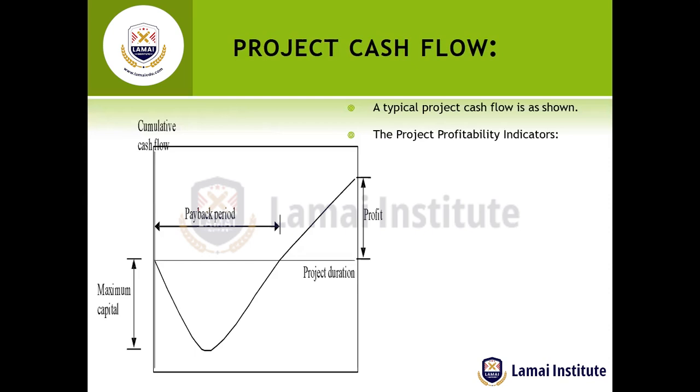It starts rising at some point as soon as the project starts to make some operation, and it continues until it gets to a certain point. This is what we are referring to as the payback period.